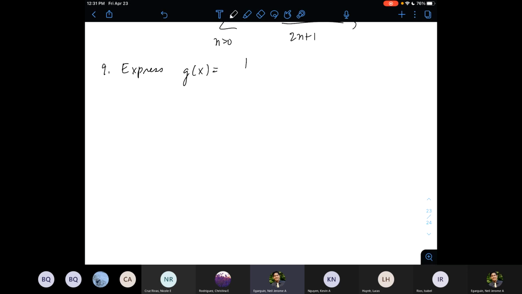Say let's have 1 over 10 plus x as a power series.